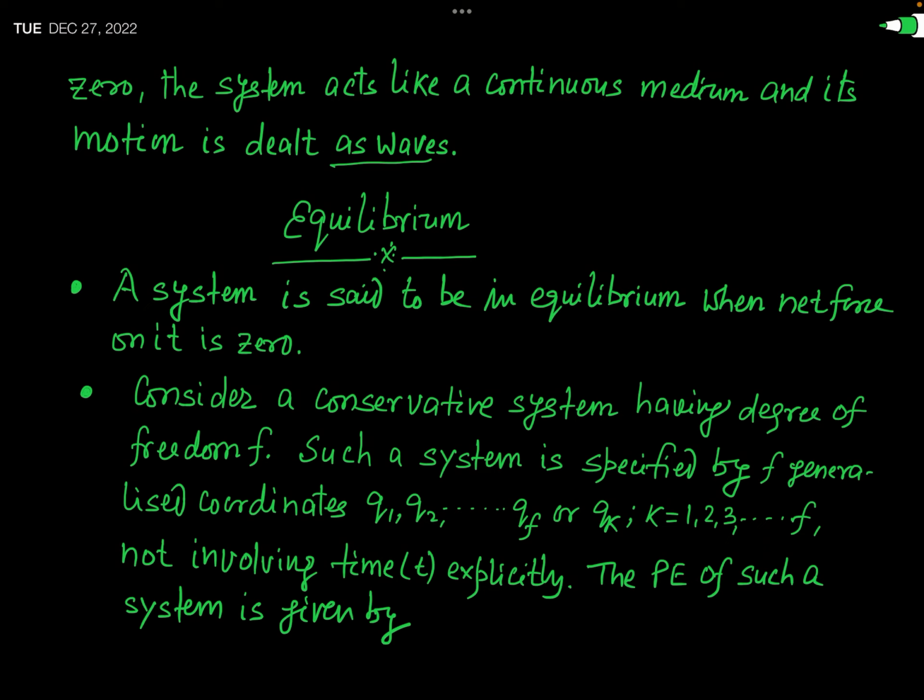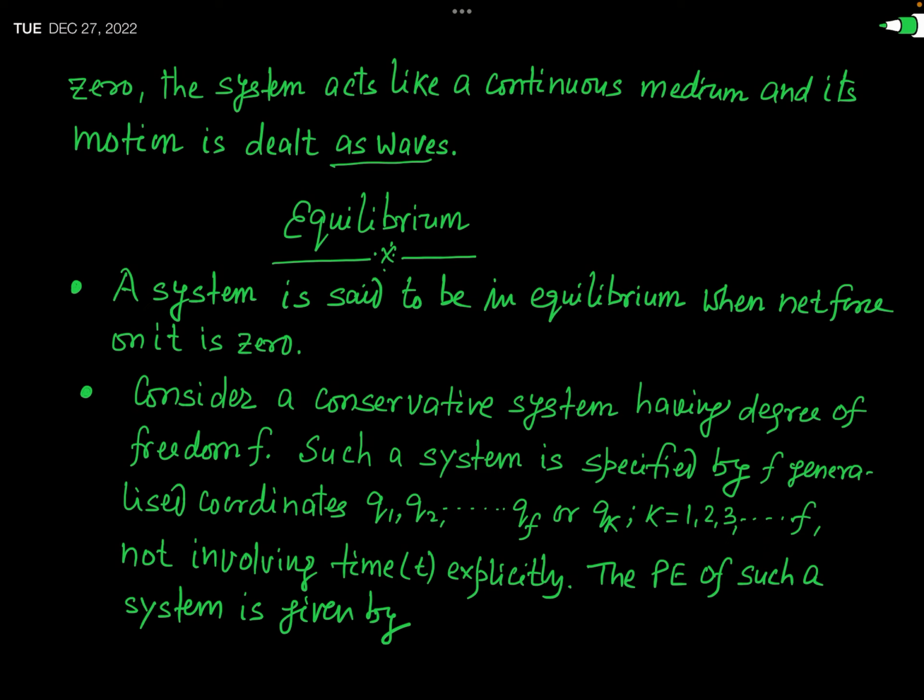But as we know that Gk is equal to minus del V by del Qk, and at the equilibrium position this should be equal to 0. So we can say that minus del V by del Qk is equal to 0 at the equilibrium position. Here this subscript 0 actually refers to the equilibrium position.